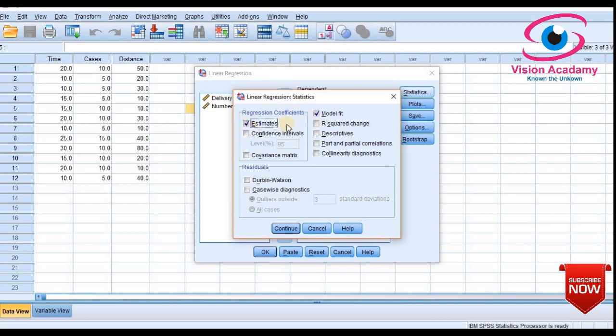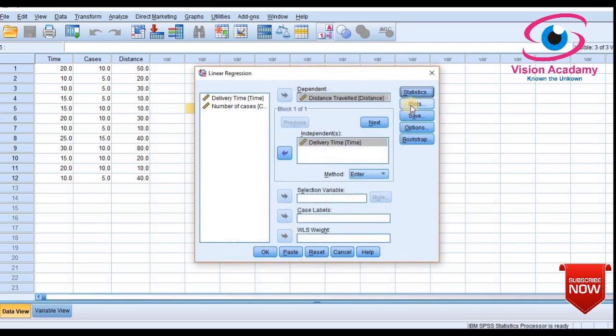So both are selected here. If you want confidence intervals, you can click here, at 95% confidence level and 5% significance level. Along with that, if you want descriptive statistics also, you can select here, or else you can deselect this. Then you can give Continue.